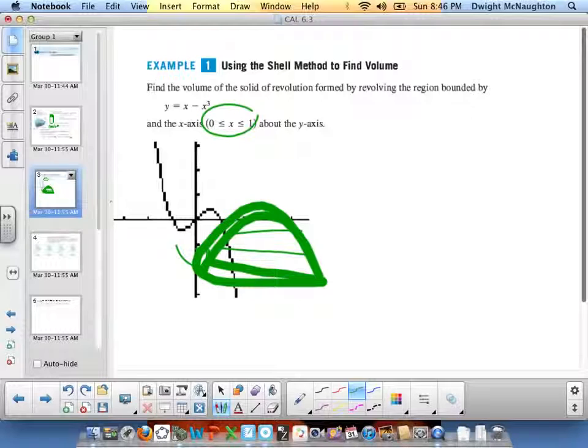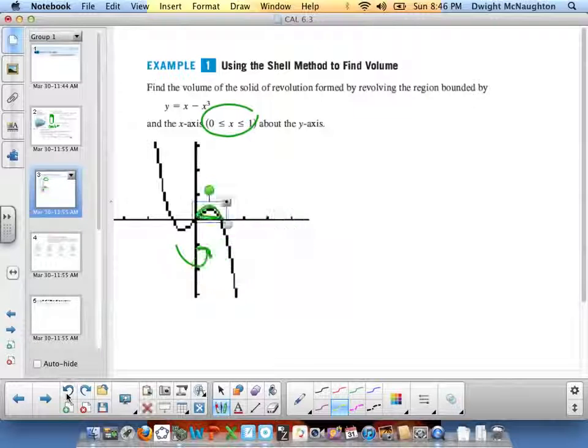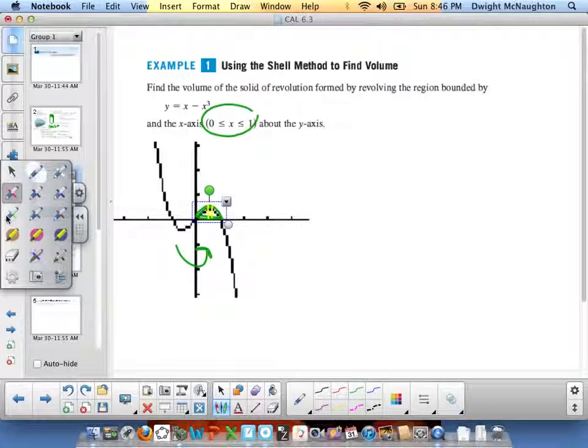And we'd be going back onto the function that we are rotating around. That's not an ideal situation. So instead, going parallel to our axis of rotation, we can keep it in terms of x, so we don't have to solve for x. And we're not going back onto the function.